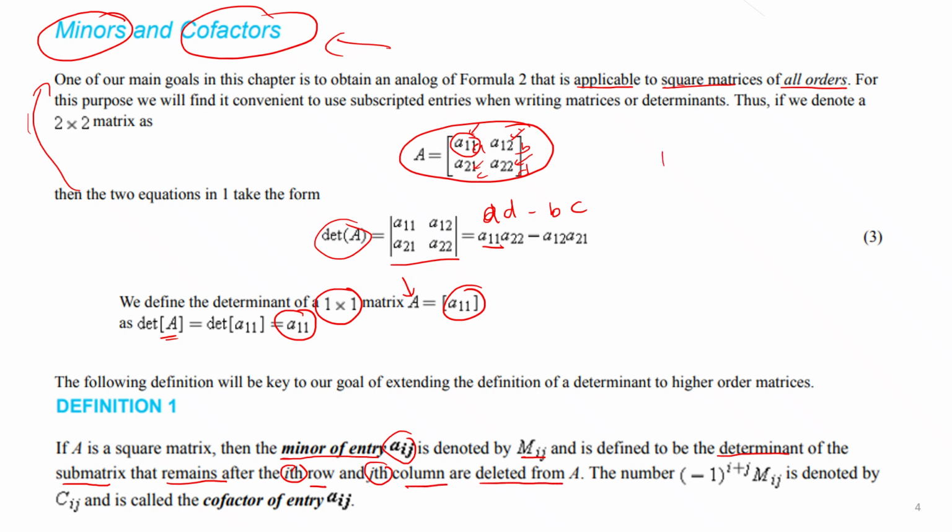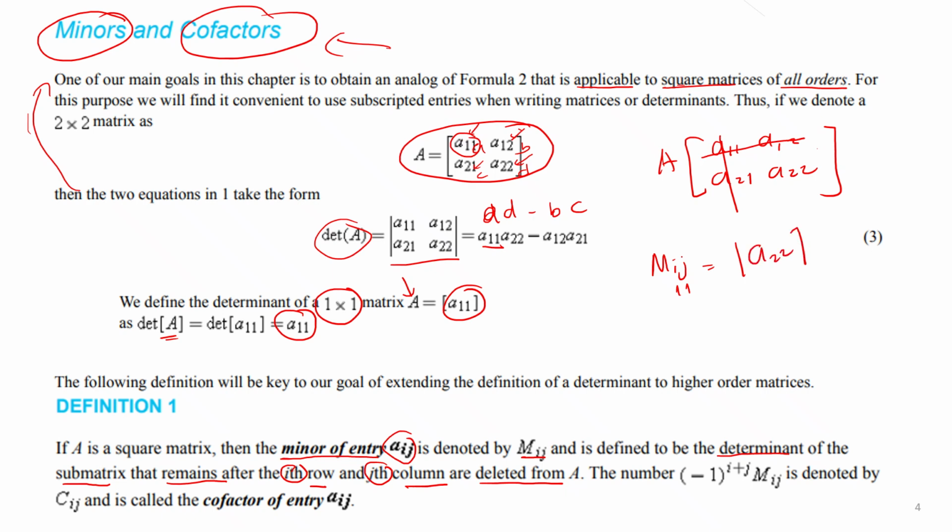For example, if you have A here, A11, A12, A21, A22, what is the minor of 1, 1? You delete the row and the column related to entry 1, 1. So the minor M11 is this one, A22.